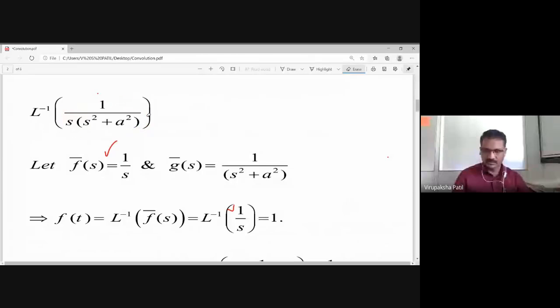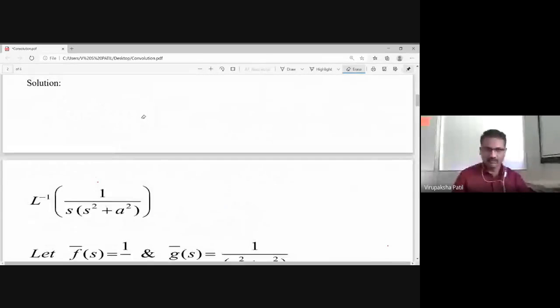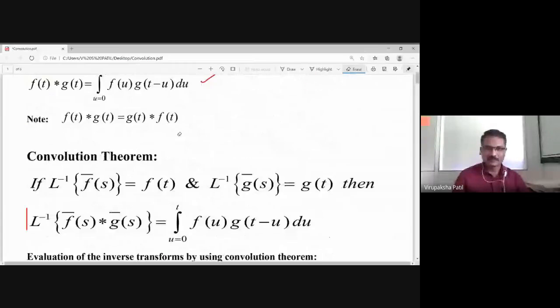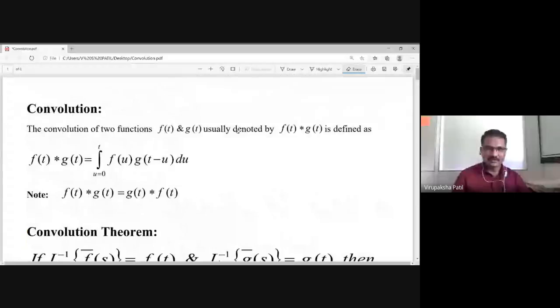Transform calculus, Fourier series, and numerical techniques. Is it? Subject code is 18MAT31. Module 1 is almost done. Only 10 to 12% is remaining, which we are going to complete tomorrow. Please tell me whether you understood all these things or not.